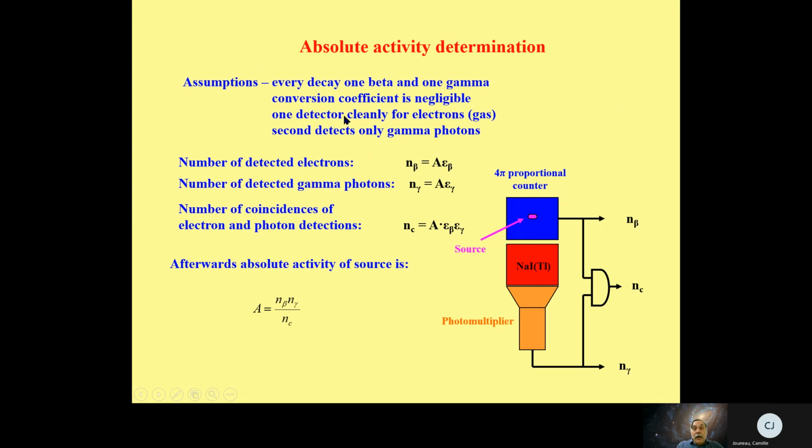Okay, fine. If you make measurements with such a system, the number of detected electrons will be given by the activity, because any decay will produce one electron and one gamma, times the efficiency of this detector to electrons.